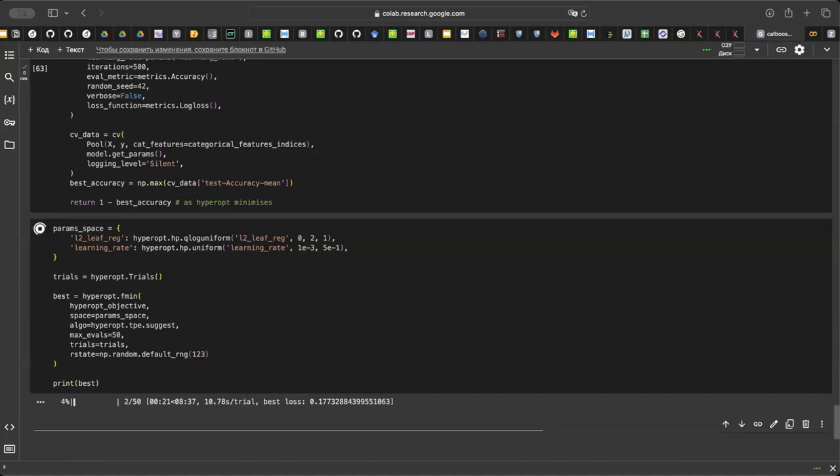And it's really cool because there were times when we had to write all such things, like a grid searcher or something like this, ourselves, and such integrations are very, very convenient. So let's take a look at how much time it would take and what would be the results.